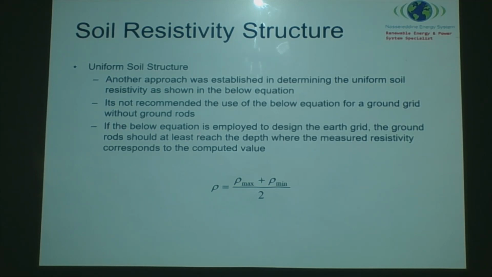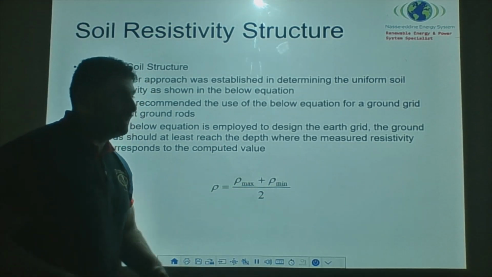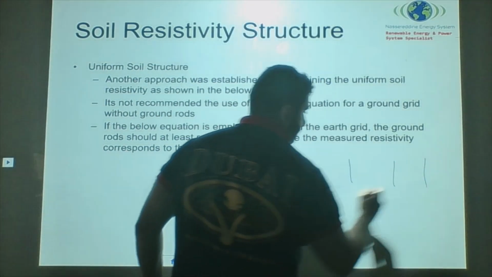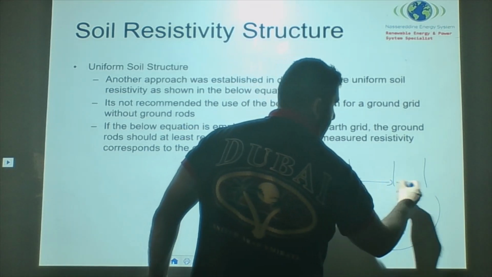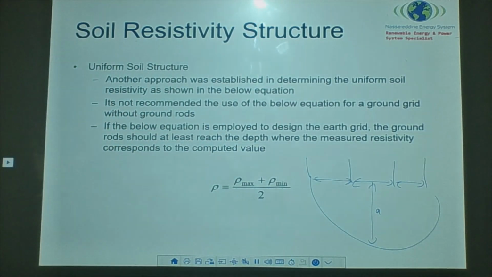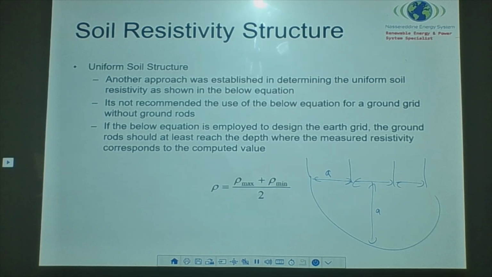If the below equation is employed to design the earth grid, the ground rod should at least reach the depth of the lower layer. If you remember from before, this will go down. If this is A, this in theory goes to A. That's in theory, what we discussed during the last video.